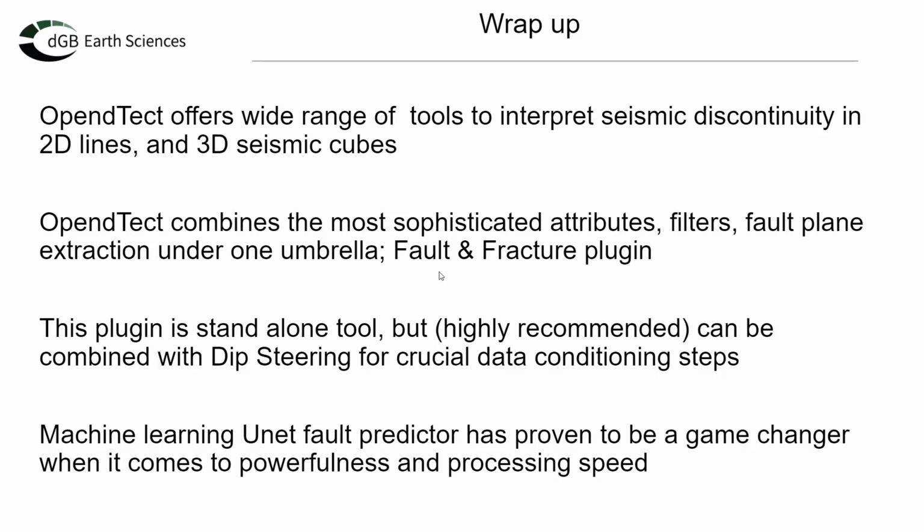As I said, the plugin does not need any other plugin to work; it's a standalone plugin. However, we highly recommend the combination with dip steering, as I showed you with the differences when we talked about the similarity attribute. Of course, our machine learning Unet fault predictor is a very powerful, great tool that helps users predict seismic discontinuity, both in terms of power and processing speed.